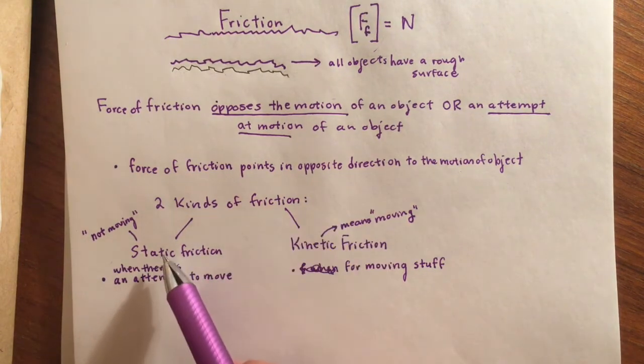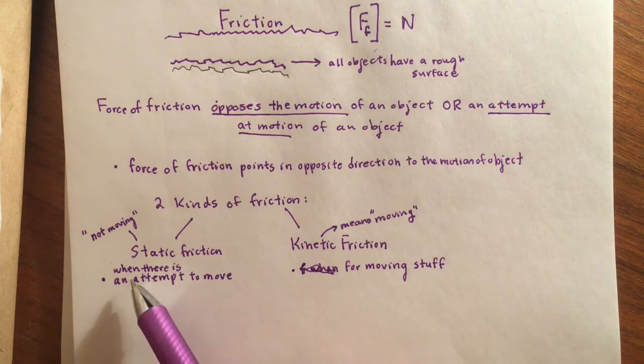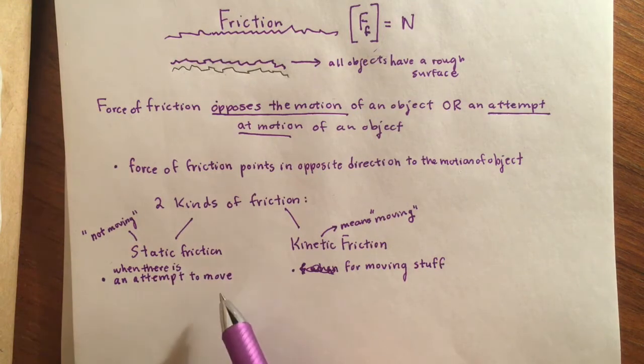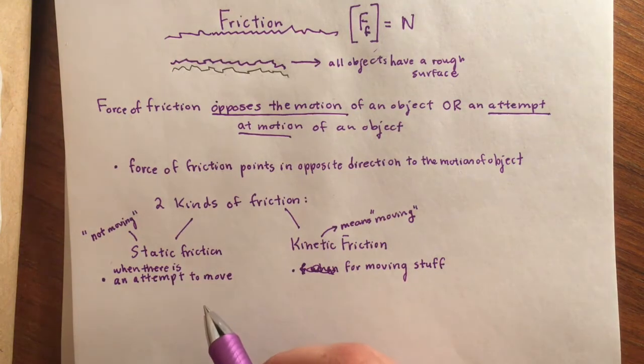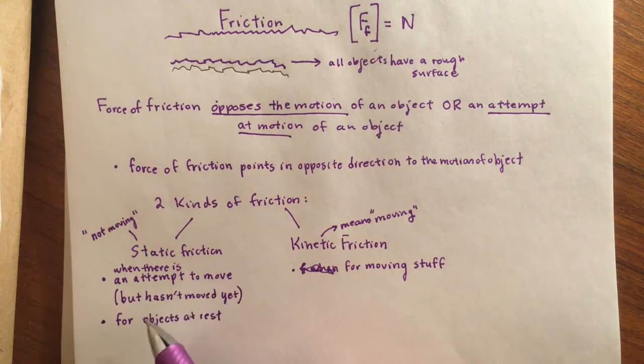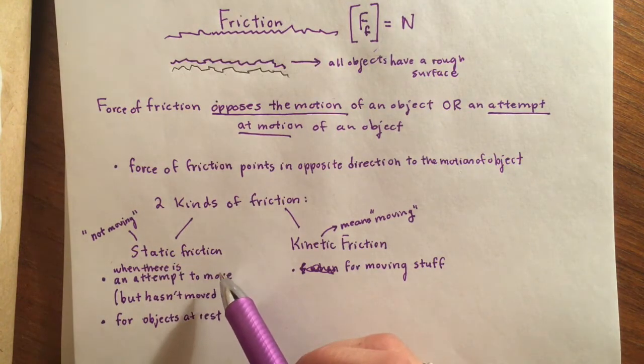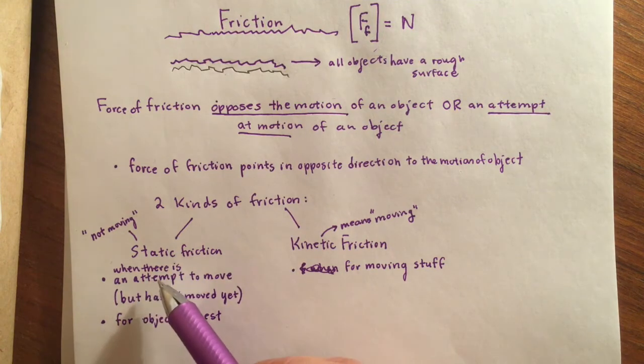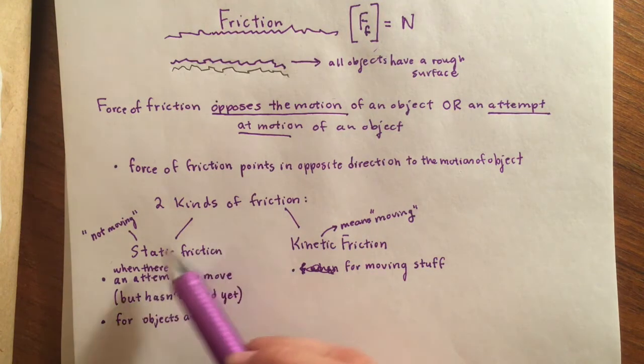So an object will feel static friction when the object is attempting to move, but it is still at rest, but hasn't moved yet. So if an object is at rest, it's not moving, that doesn't necessarily mean that it feels static friction.